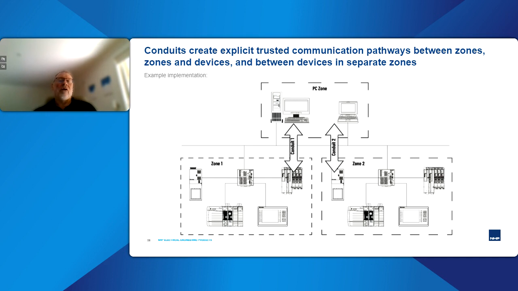So again, it's like having a VPN tunnel between zones or between devices. If you wanted this controller to talk to that controller, you would create a conduit between those 2 controllers and those more controllers, and then they can talk to each other between the zones. Sorry, I'm pointing to zone 1 and zone 2. I don't think you can see my mouse.